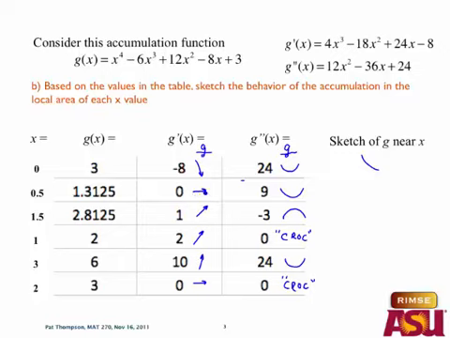Okay, and then what do we have? Momentarily, the accumulation is not changing, but we have concave up. What would that situation be? Where along here does the accumulation pause or not change? At the low point, right? Right there at the low point, you have a momentary pause, which is called a local minimum.